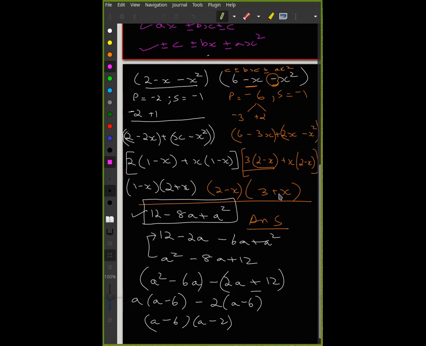Yes, that is correct. That will also be correct. But try to do it this way, because this is what the examiners are going to look for. Even that answer would be correct.